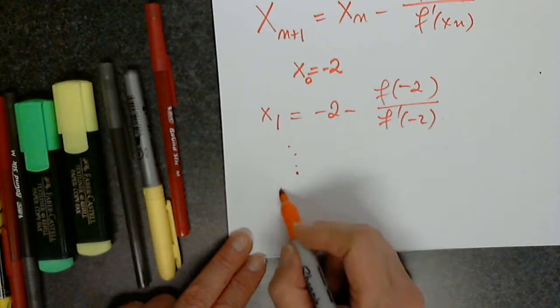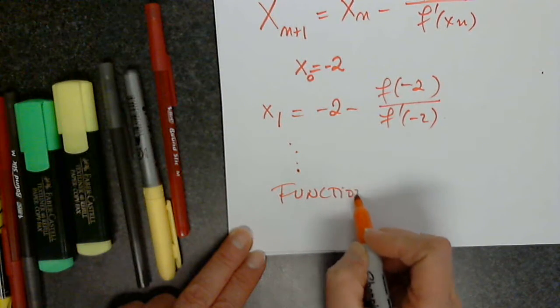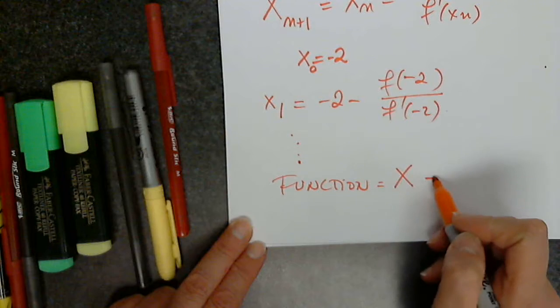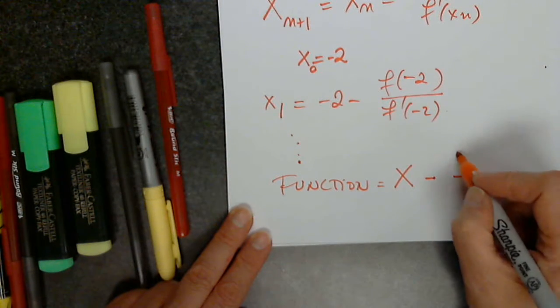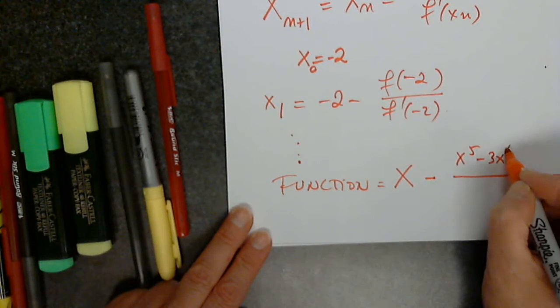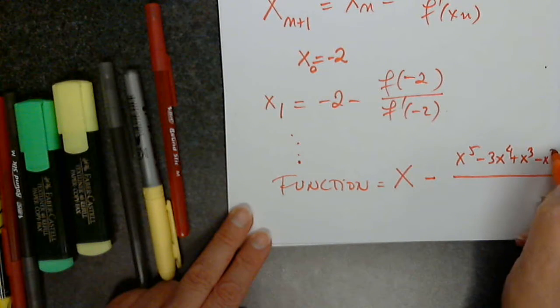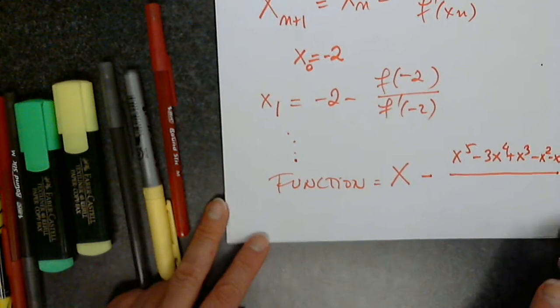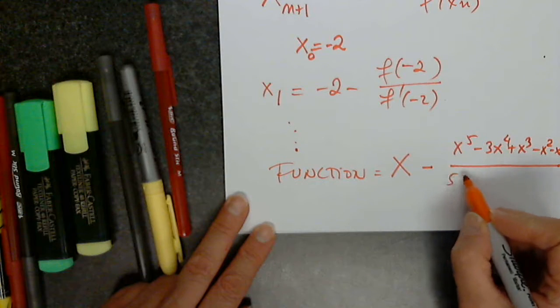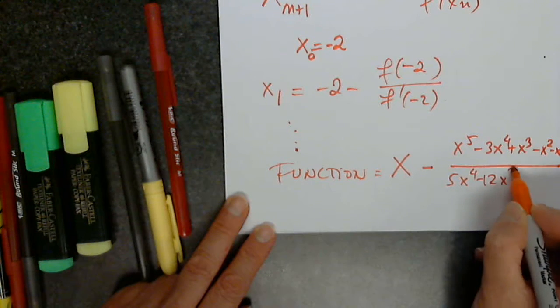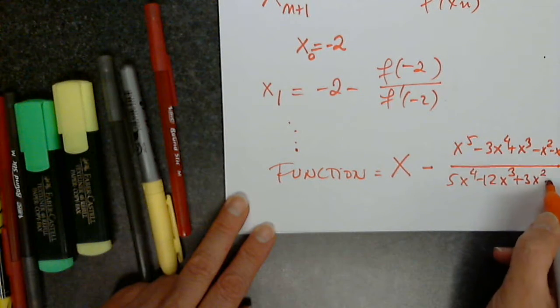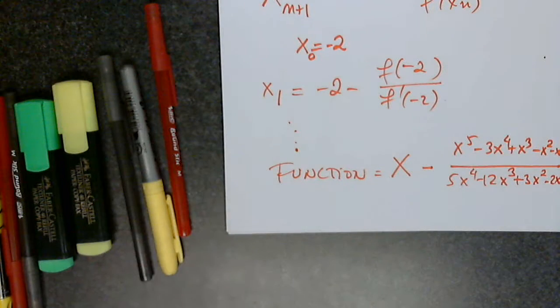Instead, I would like to create a function which is x minus the quantity x to the 5th minus 3x to the 4th plus x cubed minus x squared minus x plus 6, divided by 5x to the 4th minus 12x cubed plus 3x squared minus 2x minus 1. And I start by plugging in -2 to this function, and then I plug in the next answer, and then the next answer.